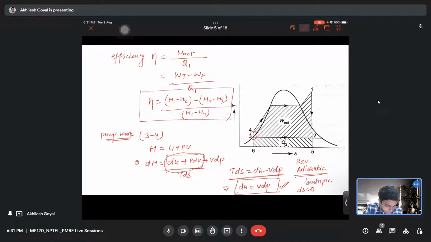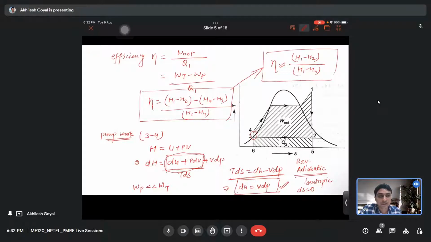So from here, it can also be said that this pump work WP is very much less than WT, the turbine work. So this efficiency equation we have written here can also be written as efficiency eta is approximately equal to H1 minus H2, that is the turbine work, divided by the heat input H1 minus H4.